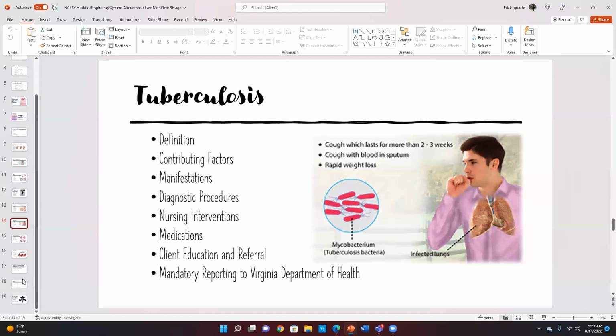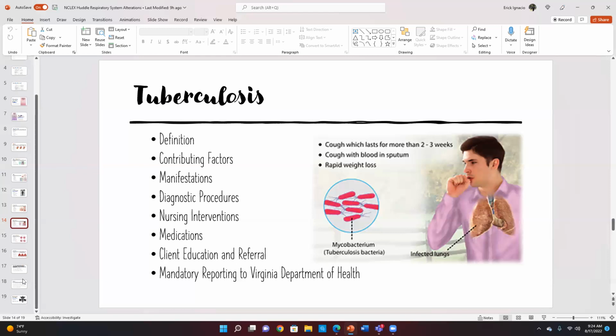Maintain adequate nutritional status. Teach the client to avoid foods containing tyramine when taking isoniazid or INH. Inform the patient that rifampin can alter the metabolism of other medications.